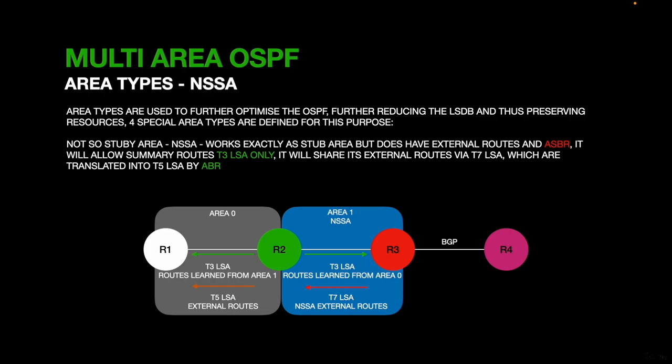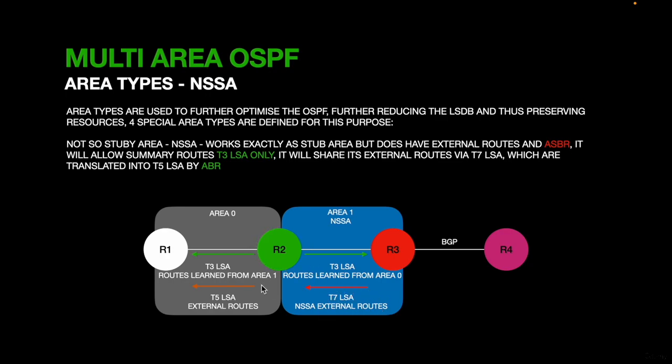Basically it works the same as a stub area, but you have a router here which is connecting to the outside world. In the not so stubby area, R2 will send the routes which it learned from other areas, and R3 will generate the NSSA external LSA, or the type 7 LSA.